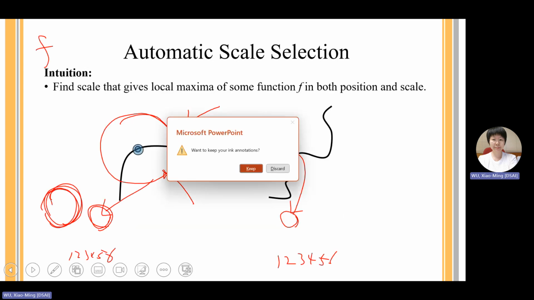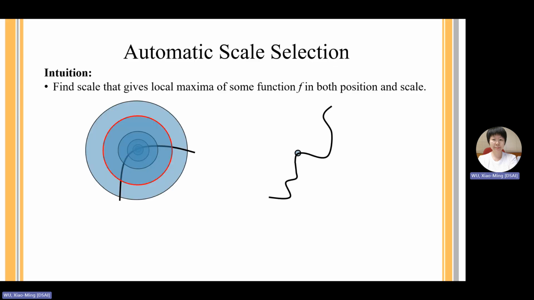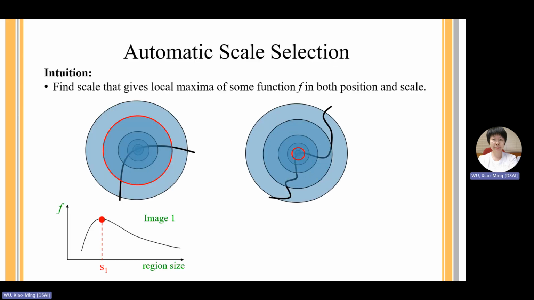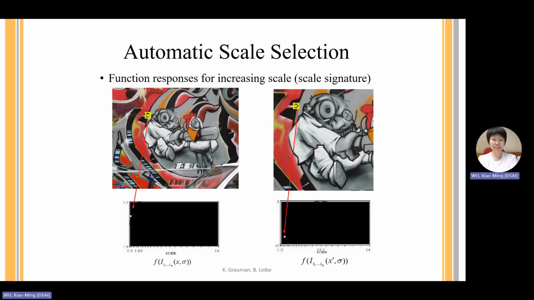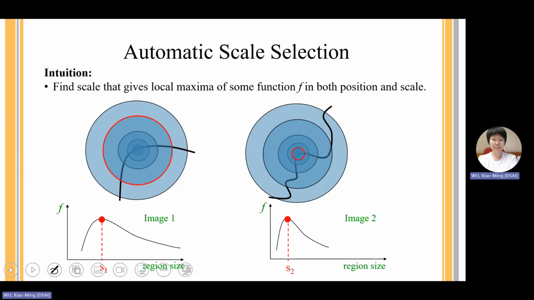Well, this assumes that we have such a good function f, which will help us to choose the best scale, the best window size. The function f is well designed such that when the scale is right, when the size is right, you will achieve maximum response.